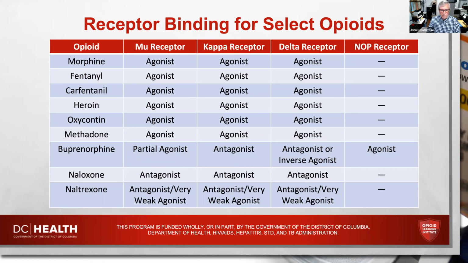Buprenorphine is kind of the odd drug or the odd person out in that it is a partial agonist, meaning a stimulant of the mu receptor, but it's an antagonist at kappa and antagonist at delta. Naloxone, on the other hand, which I'm sure you're all familiar with, is an antagonist at all three. And then I did add naltrexone because it's a bit of a weird one too. It's an antagonist at all three, but it's also a weak agonist.